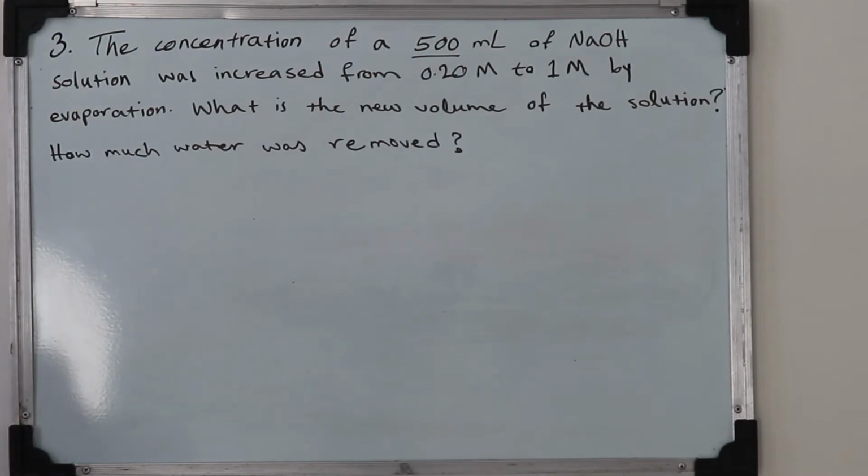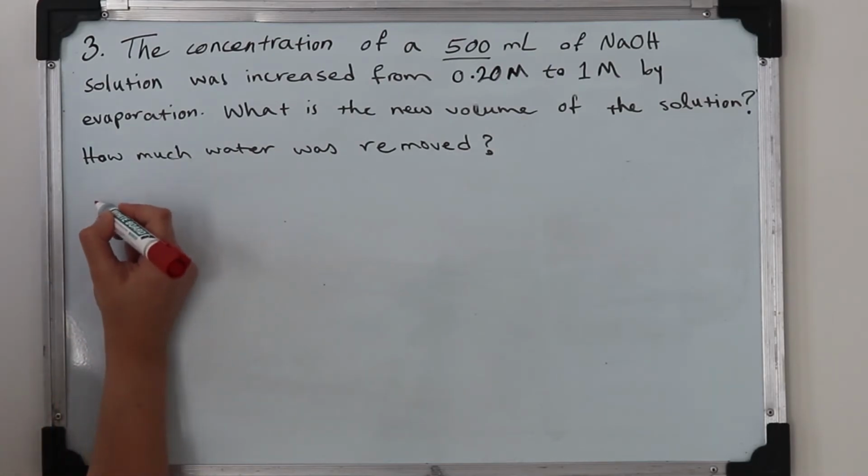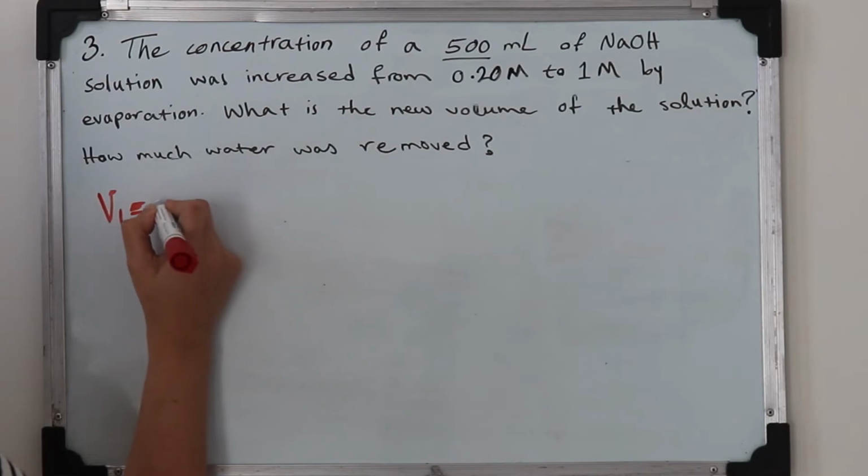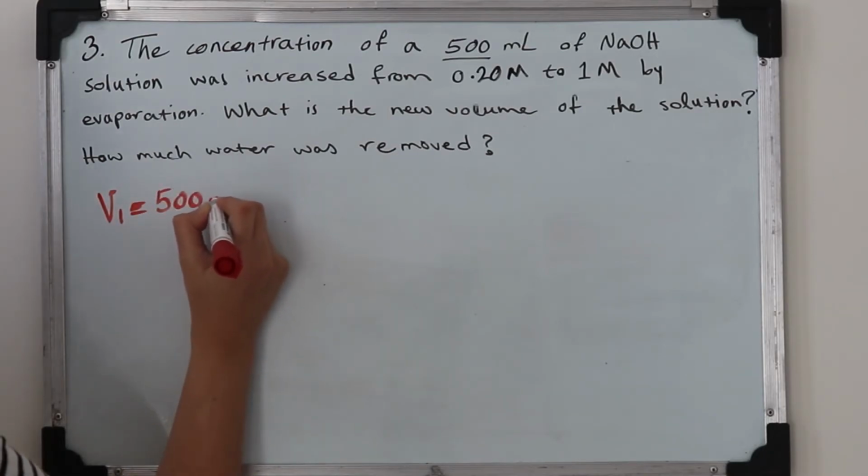Number 3. The concentration of a 500 milliliter NaOH solution was increased from 0.2 M to 1 M by evaporation. What is the new volume of the solution and how much water was removed? Okay, we have our V1 here, which is equal to 500 ml.